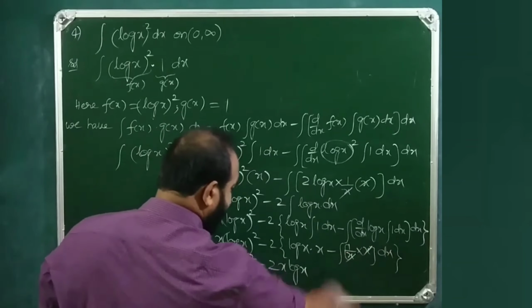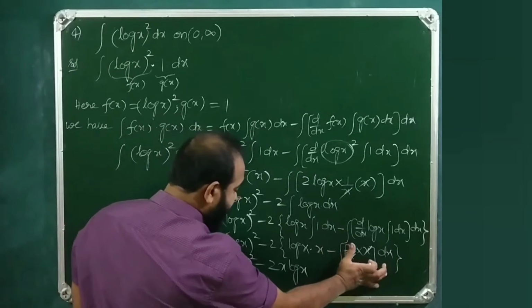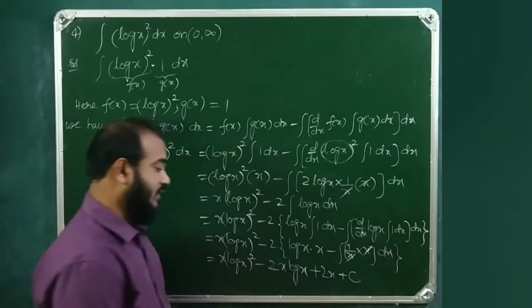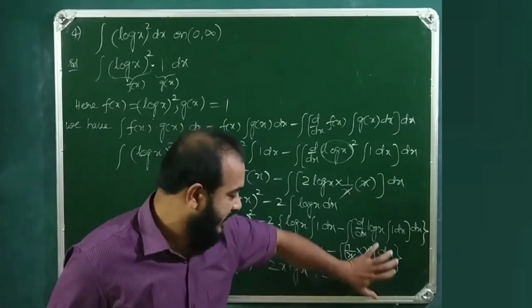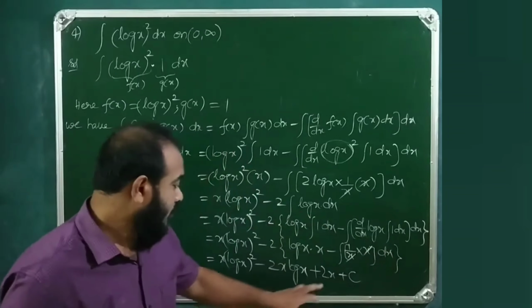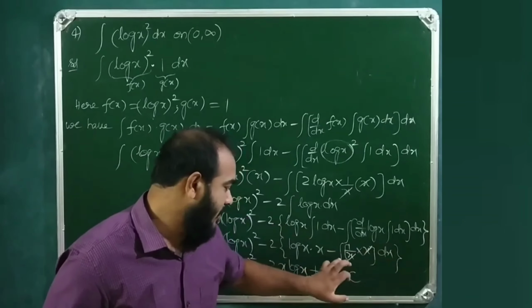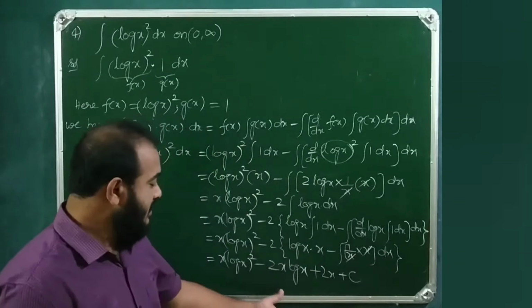So x gets cancelled. Integral 1 dx is x. So this is minus x, minus of minus plus 2x, plus constant of integration c.